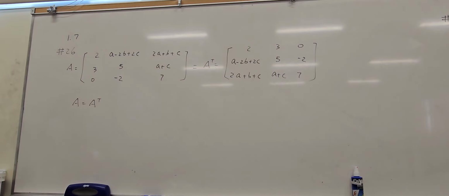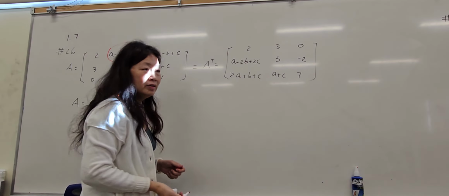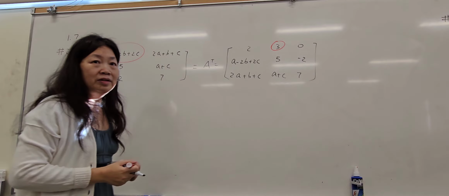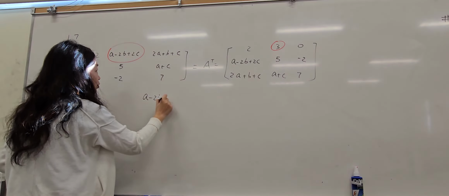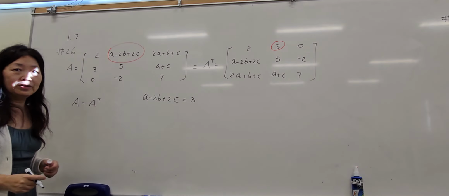Which equation are you going to create? Anyone? This is equal to what? 3, right? Okay, so a minus 2b plus 2c equal to 3. So that's your first equation.